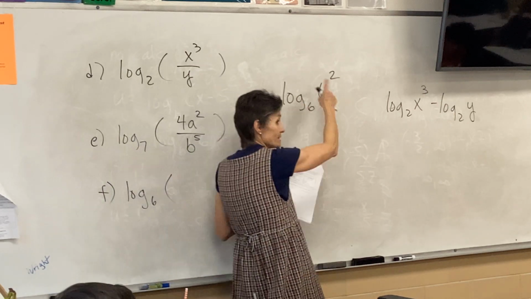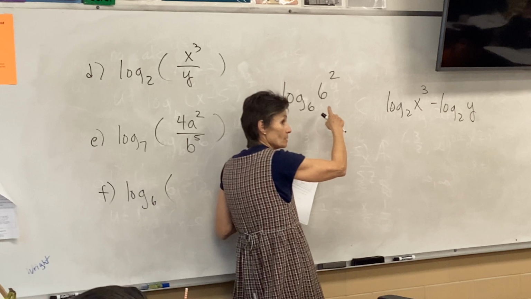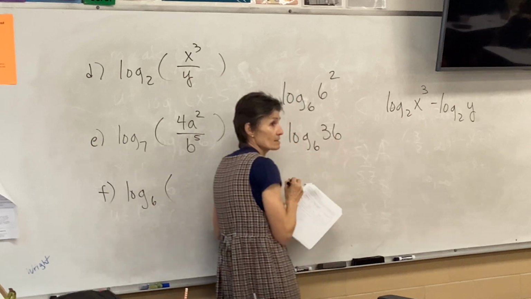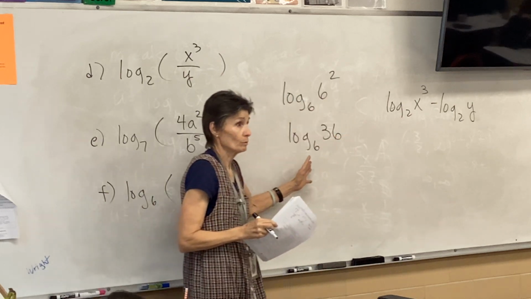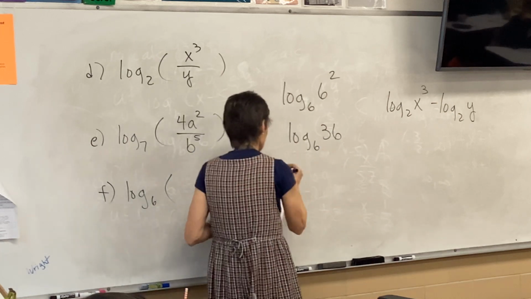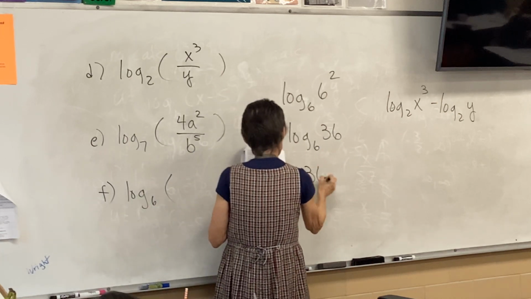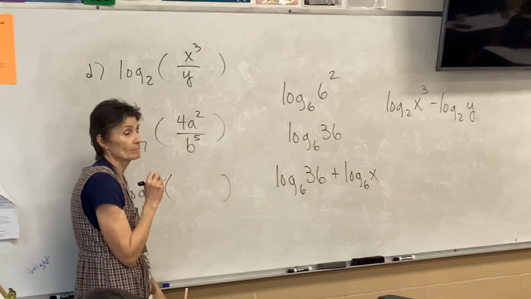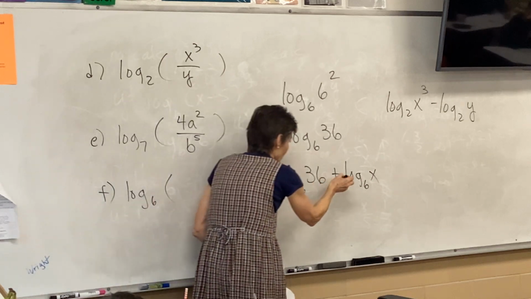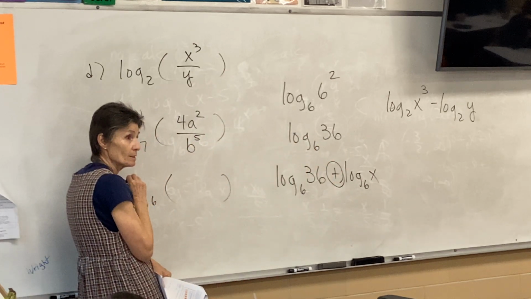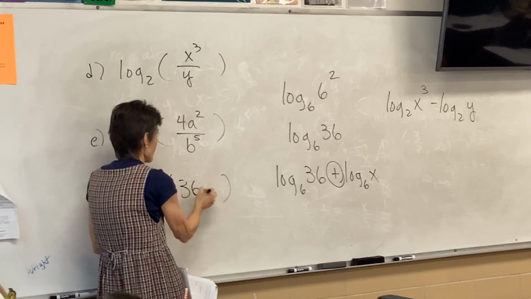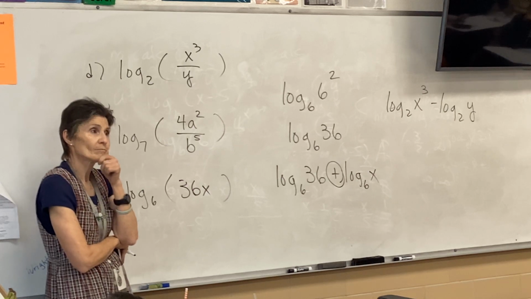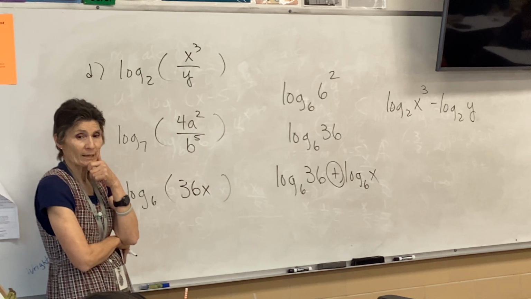So isn't this the same as 2? So log base 6 of 36, 6 squared, is 2. So I'm gonna rethink that 2 as the log base 6 of 36 plus the log base 6 of x. Now, that plus sign tells me I'm going to multiply, so this is just 36x. No power. Sometimes we gotta be tricky.